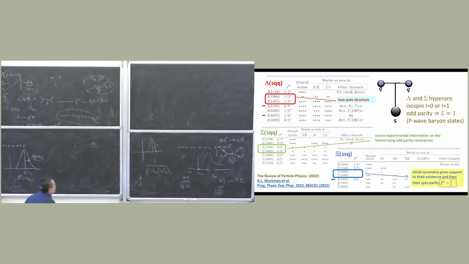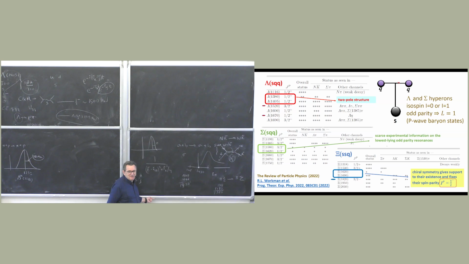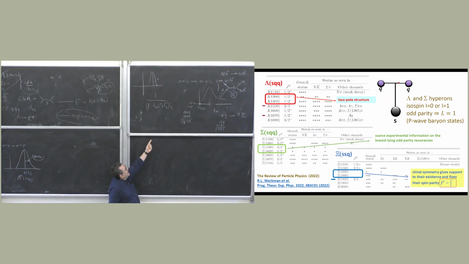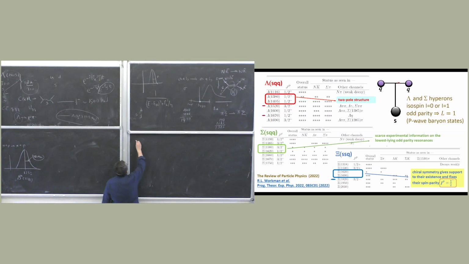But life is a little bit more complicated, because what I have written until now are elastic processes: anti-kaon nucleon going to anti-kaon nucleon, and anti-kaon nucleon going to pi sigma. But you have to consider also some inelastic channels.